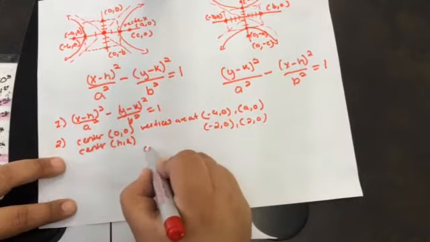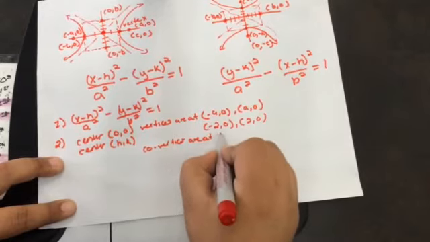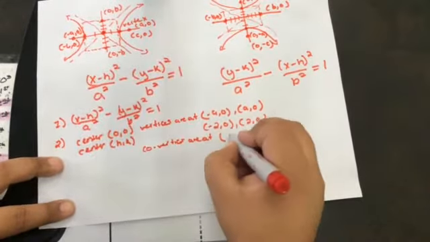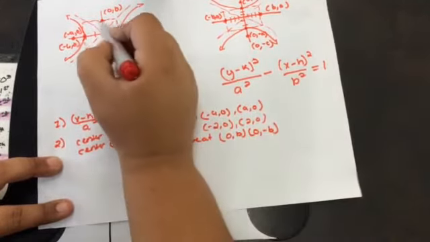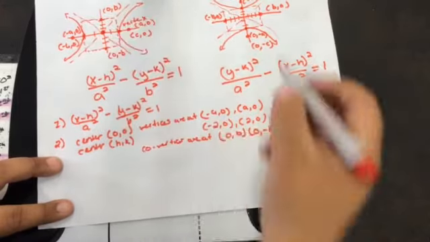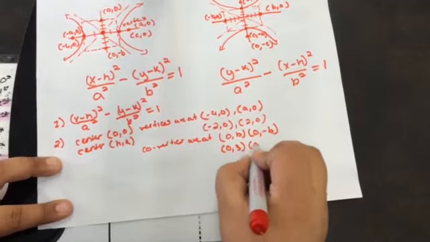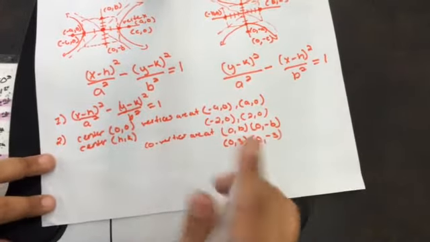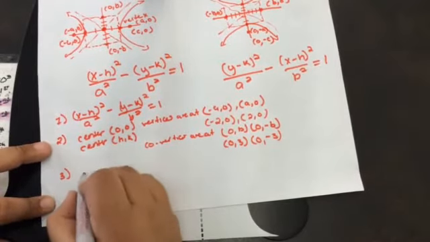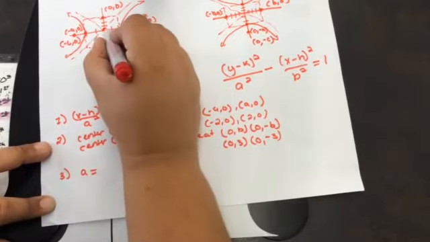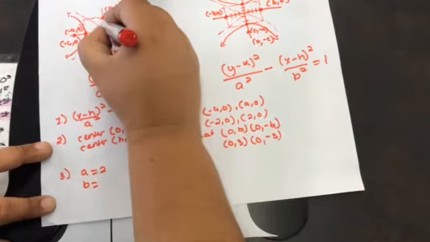Now we need to find the co-vertices. The co-vertices are at 0 and b and 0 and -b. The value here is 3 for b, so it would be at 0 and 3 and 0 and -3. So now we have all the information we need. We can write the equation. Once again, a is 2, b is 3.